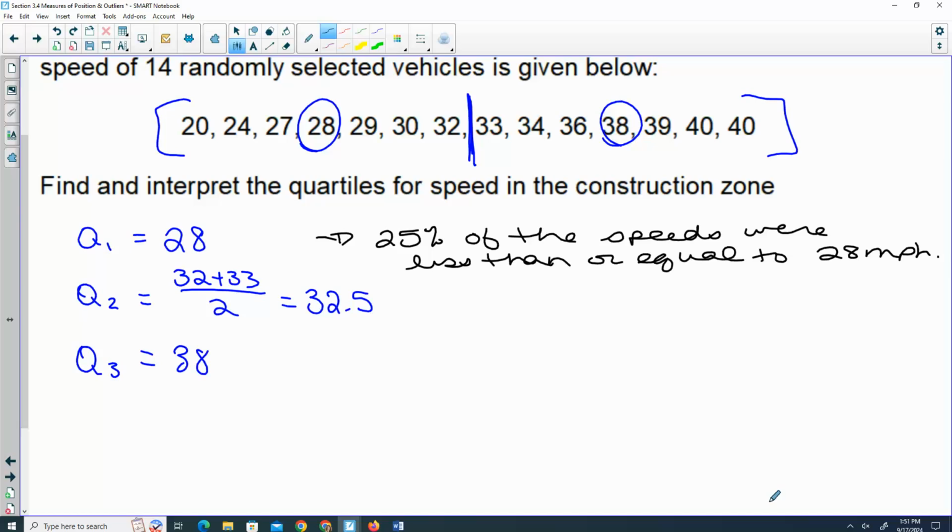Okay, the next one, what would quartile 2 mean? 50% of the speeds.